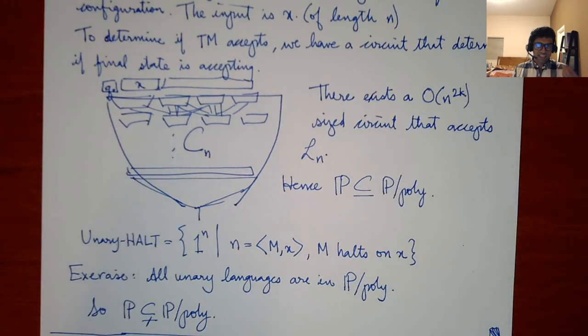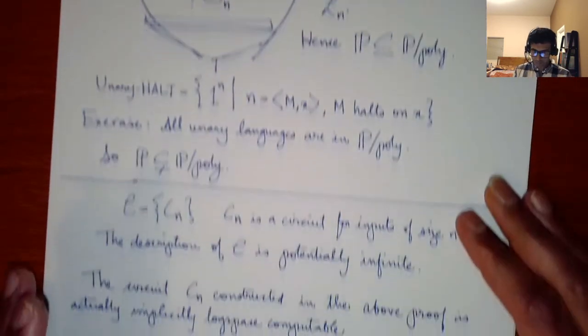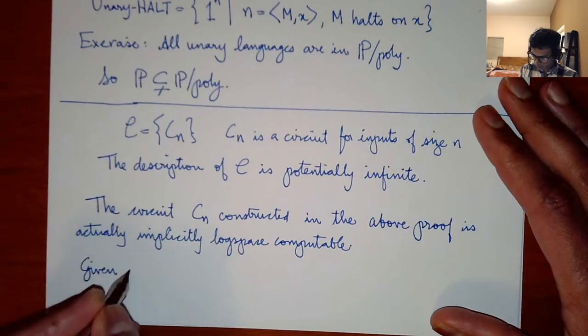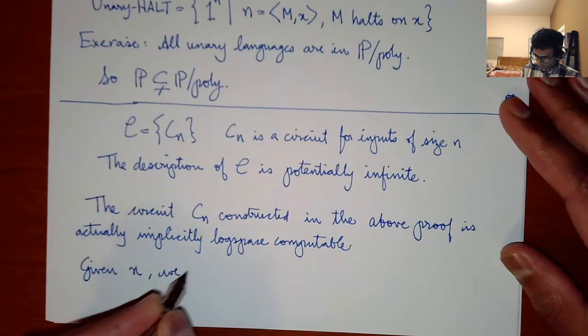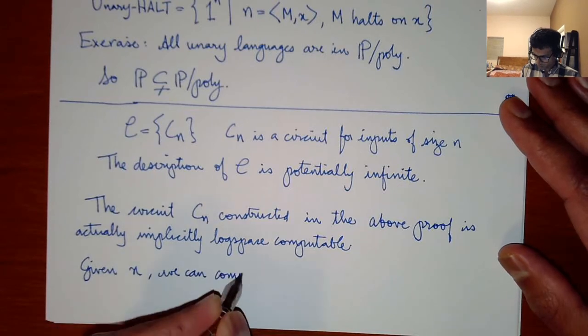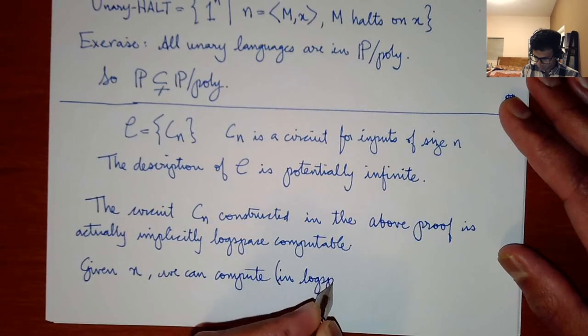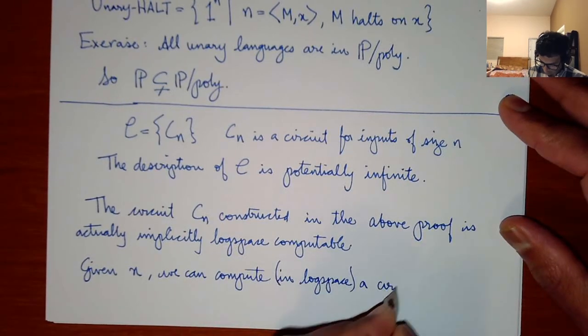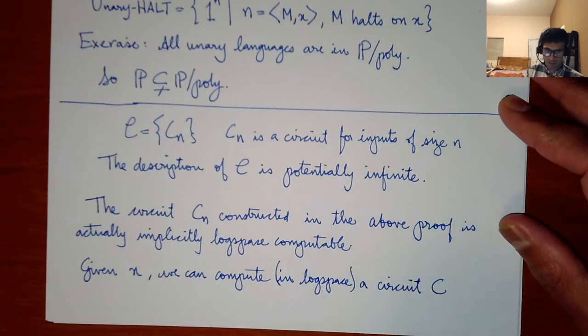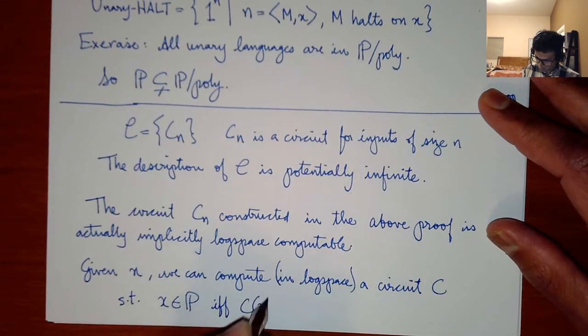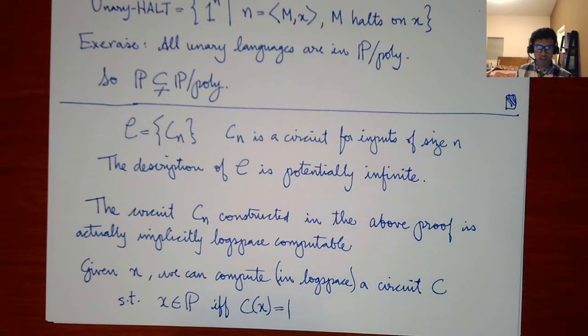So, given x, we can compute in log space a circuit C such that x is in P if and only if C of x is 1. This is exactly what we did.